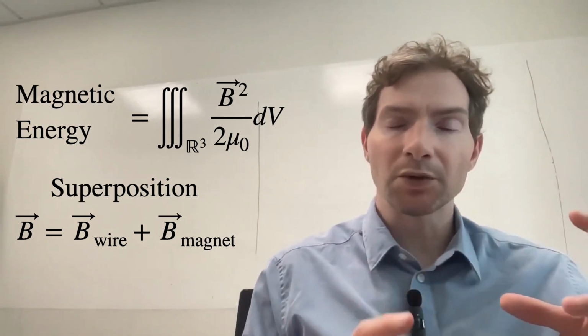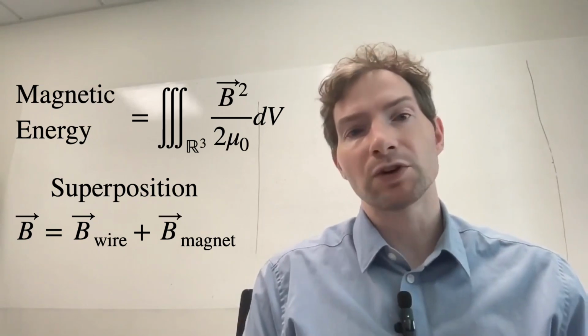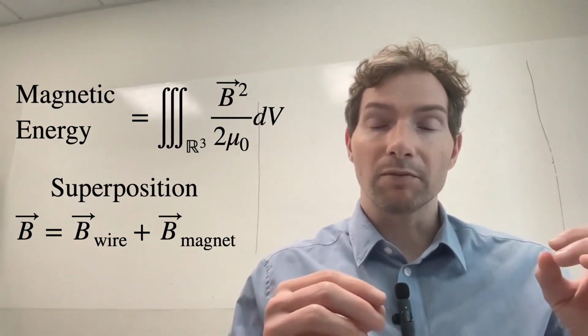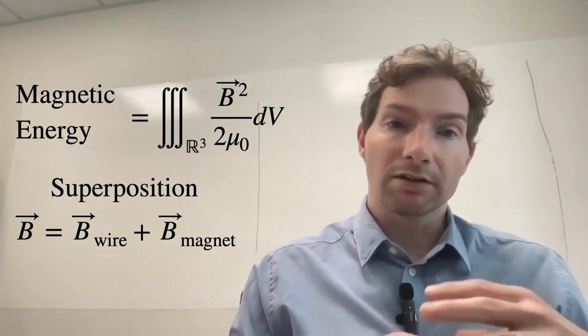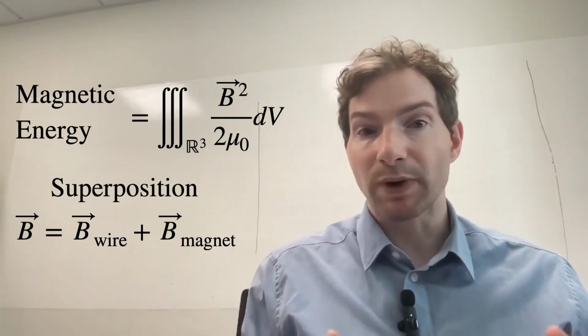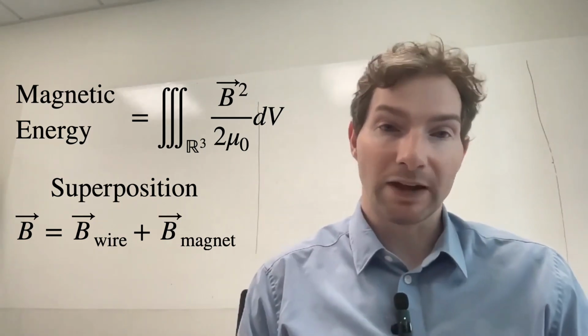But usually there is not a dynamical view of what's going on. It's rather a static view where we model things like a wire, things like a magnet, essentially as some sort of boundary condition in a mathematical model.